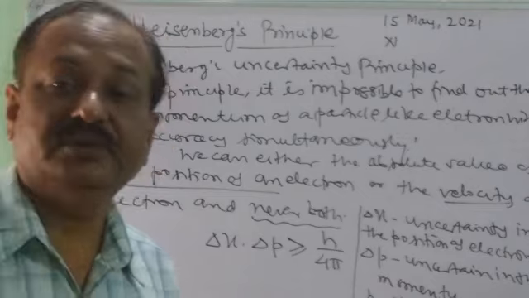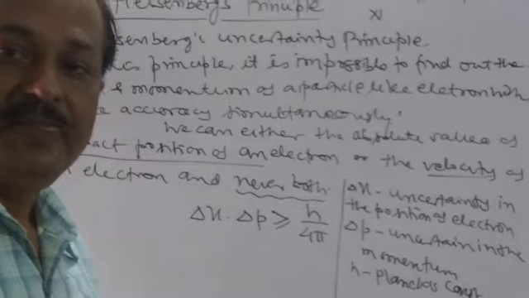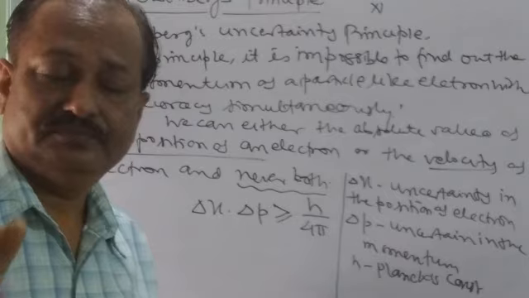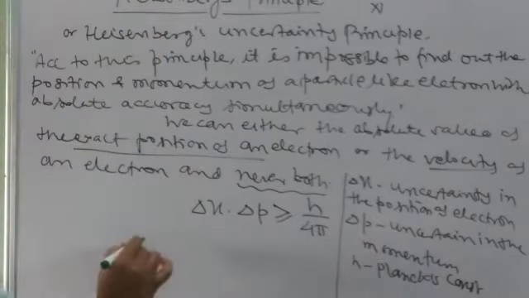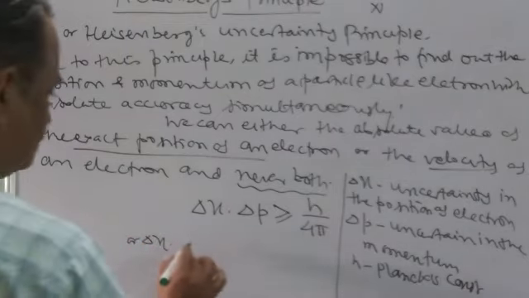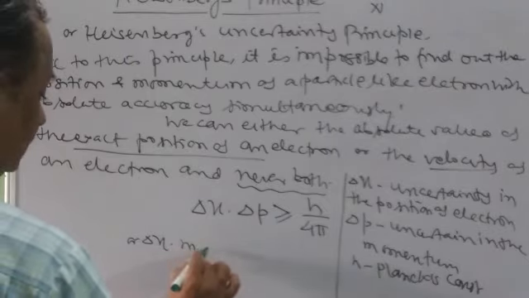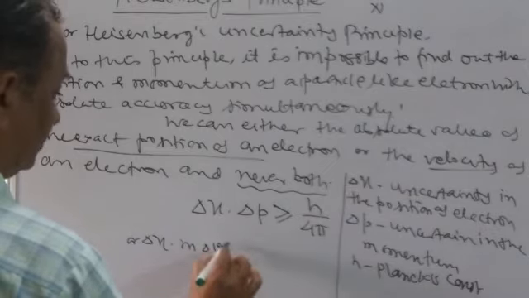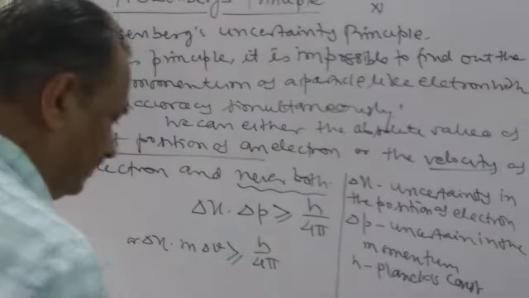So it is the point to note that the electron is a very small particle. So either we can have the absolute value of the position, or we can have the absolute value of the momentum or velocity. Or we may write delta x, now mass remains constant, so delta v, the change in the velocity, is greater than or equal to h upon 4 pi.